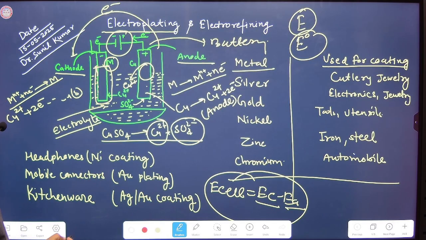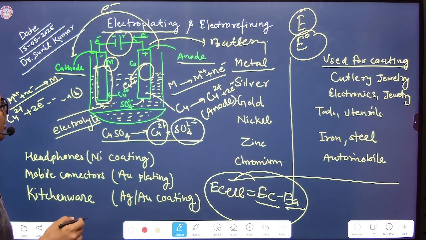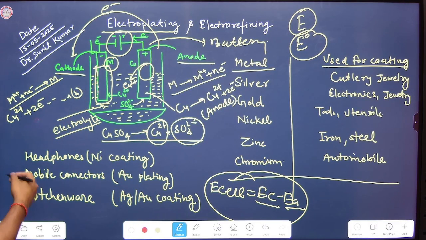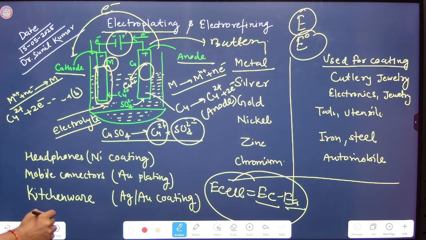And this process is electrolysis. Electrolysis means the anode is responsible for oxidation and the cathode is responsible for reduction of the copper 2 plus. So this is what electroplating is.